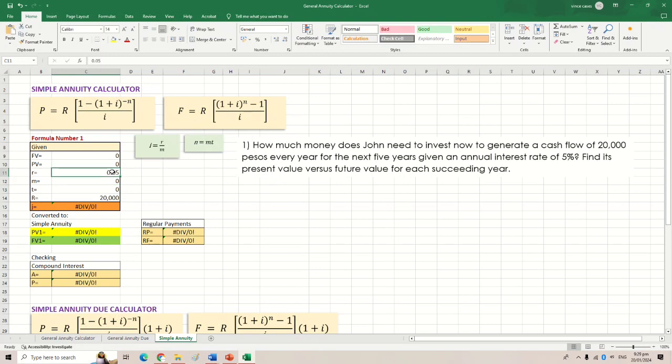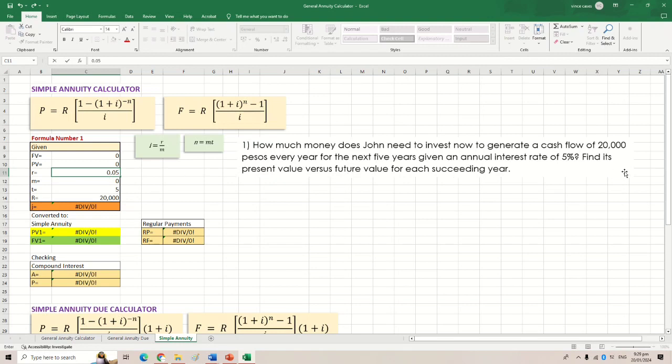Now let's set everything to 0 first. Okay, 20,000 pesos every year for the next 5 years. That is the regular payment or the cash flow, which is 20,000. Let's write it down here in the big R. Next, for the next 5 years, that is our T. The interest rate is 5%, that is 0.05 in decimal.